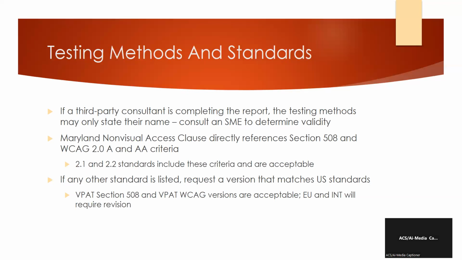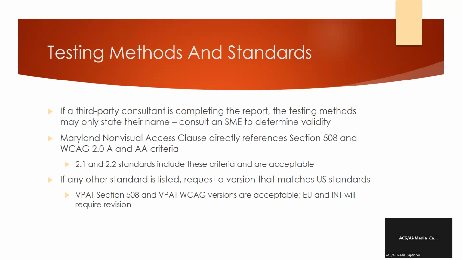Here in Maryland, our non-visual access clause directly references Section 508 and WCAG 2.0 A and AA criteria. So that is the minimum standard we put here. If for whatever reason they put Maryland NVA, that's excellent. I would not expect it though, because that would be specific to someone working in Maryland.